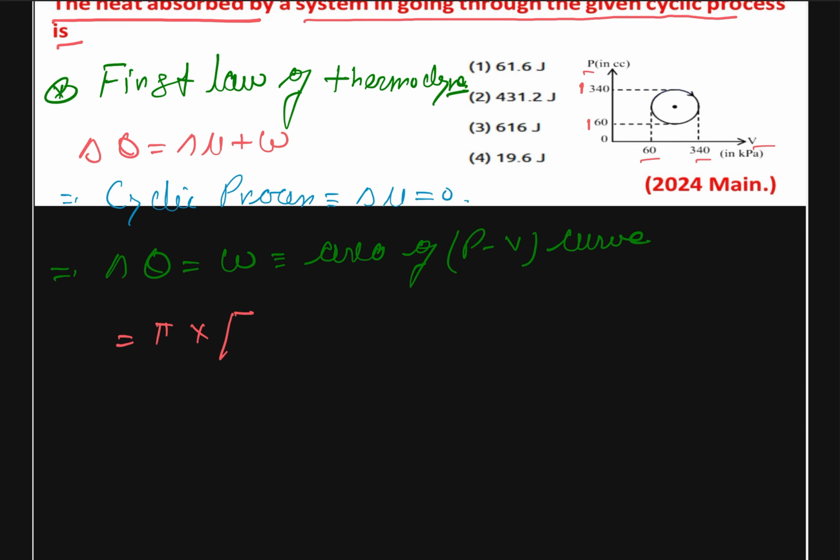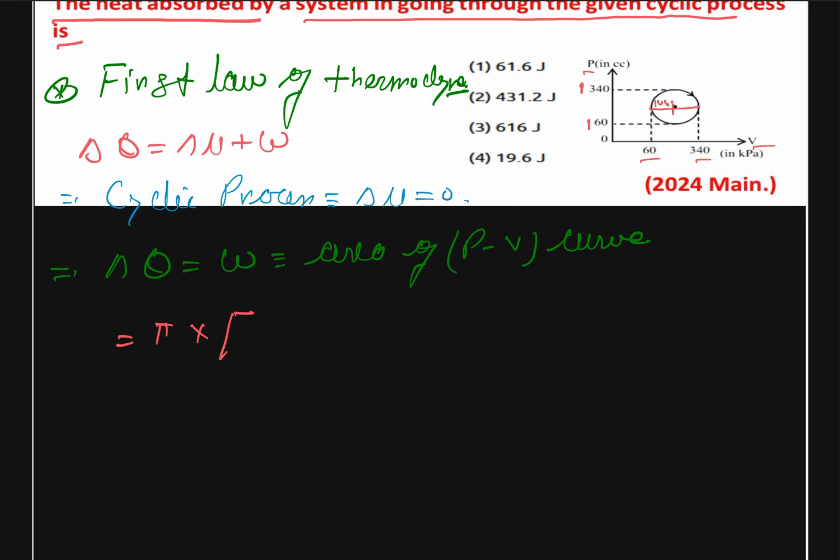So that will be coming as our, second, if I'm not wrong, this is 60 and 340. So this entire will be coming as 280, and half of that will be 140.